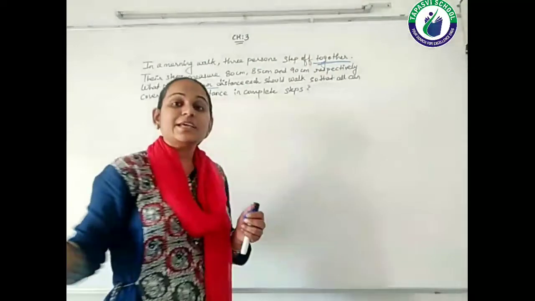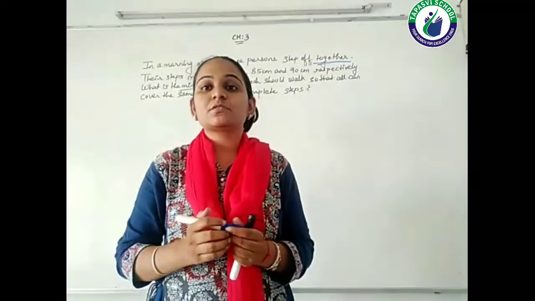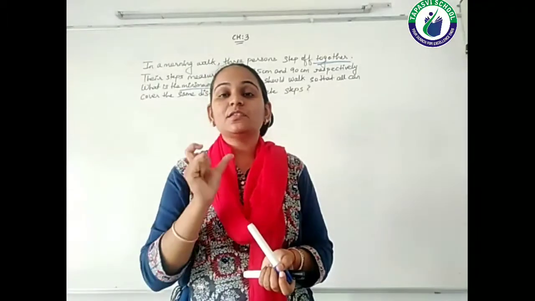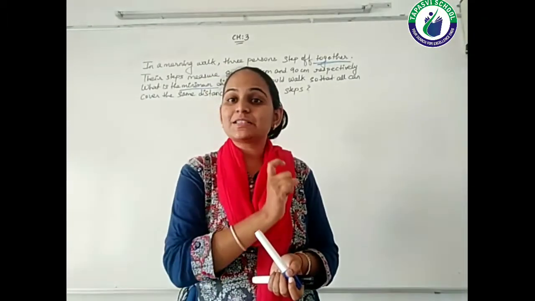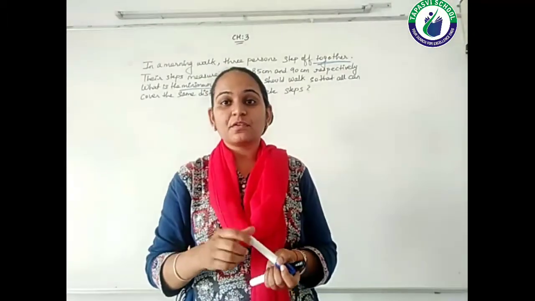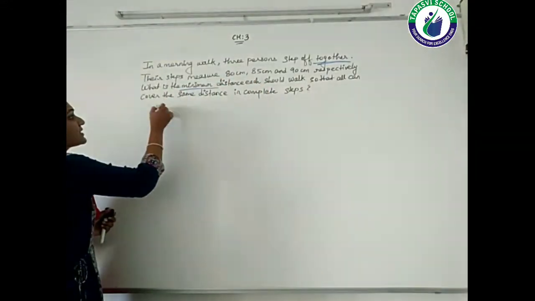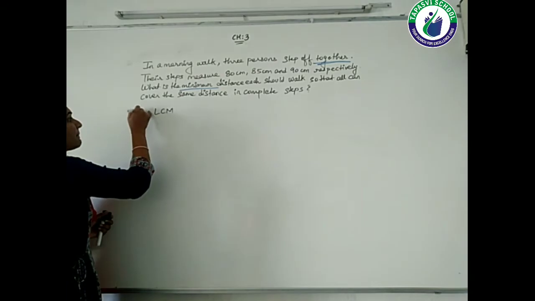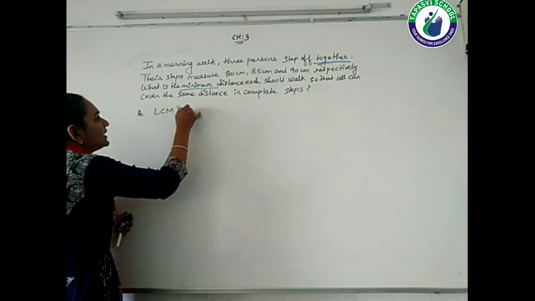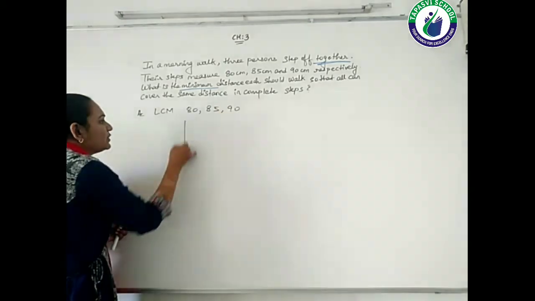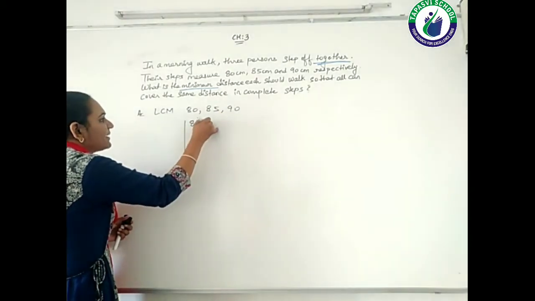That means all three have set out together, right? Walking. So here the word is together. So that's why this question belongs to LCM and not HCF, right? So we have to find the LCM of 80, 85 and 90, and we'll do it with the prime factorization method.